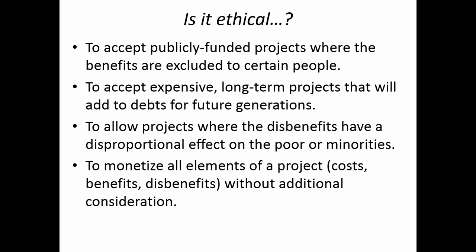The other point that was made by the textbook is when we try to put a dollar value on a disbenefit or a cost, sometimes that's not enough. In the problem that I was talking about earlier, problem 9 on your homework, it talks about arsenic contamination of drinking water. Has anyone already done that problem? Not yet? The idea behind that homework problem is it asks you to consider the cost and the benefits of arsenic reduction in drinking water. Because if there's arsenic in water, people can get sick and get cancer and they'll die from that.